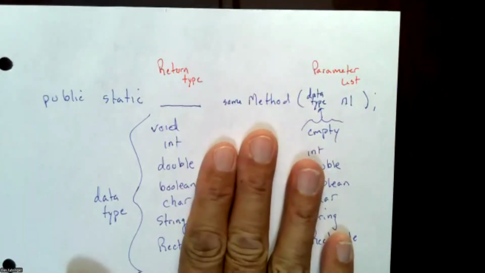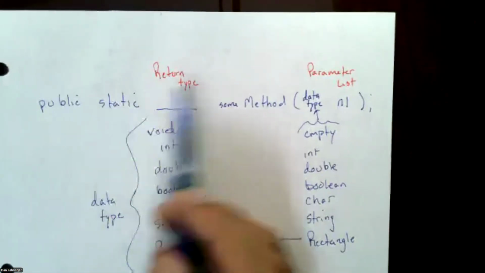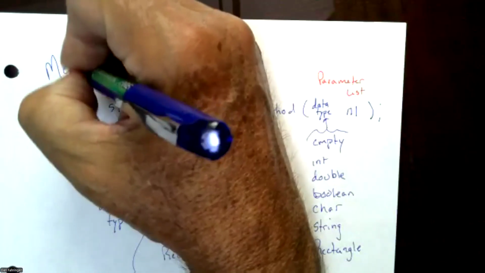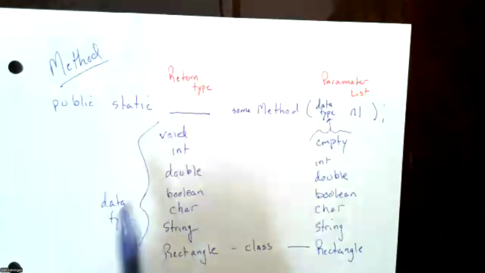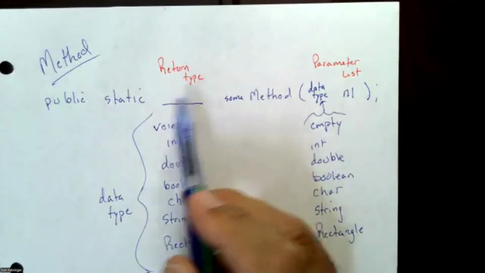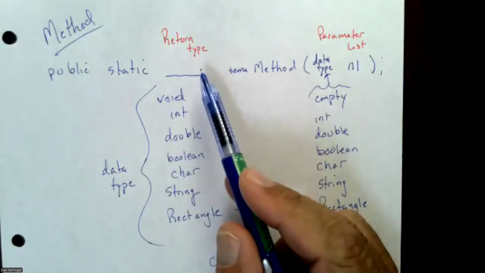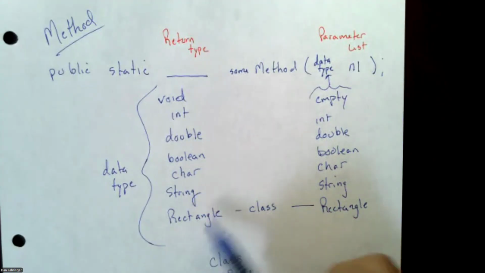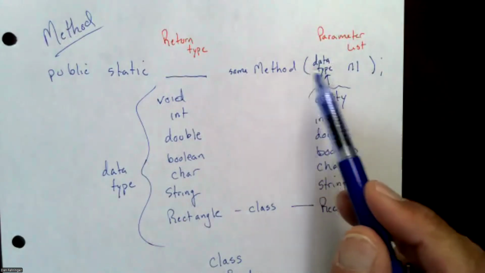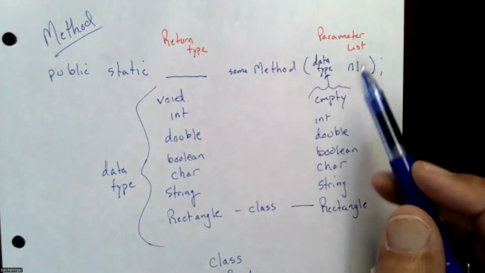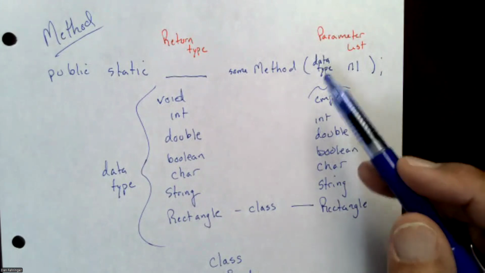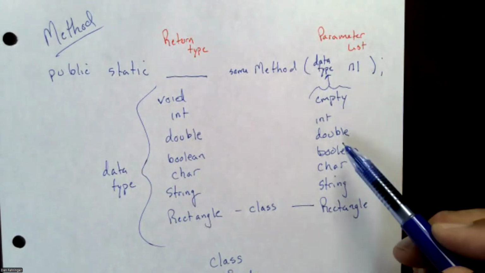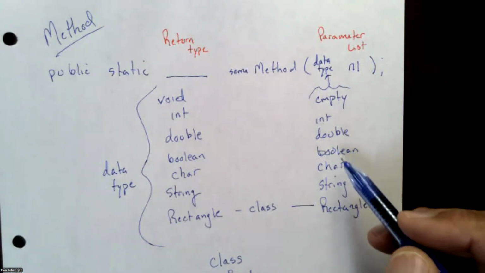Now we've written code that looks like this, and we've had a method. This is a nice big fat method, and a lot of our methods go public static, and we've seen return types of void, int, double, boolean, char, String. And we've seen data types over here in this parameter list where we do int and one or double and one and so on.